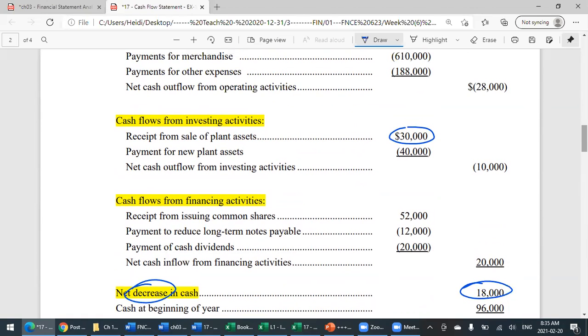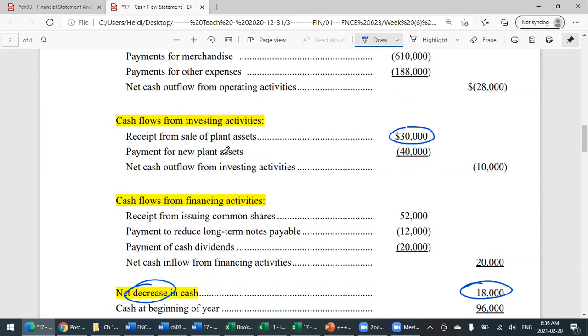Let me tell you, we look at things this way. This cash flow statement can actually tell you more about the company's operation, not just how much you receive and how much you pay. The structure of the cash flow statement can tell you some exact actions that the company has done. Let's look at this.